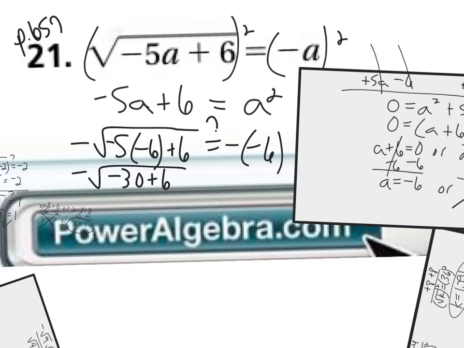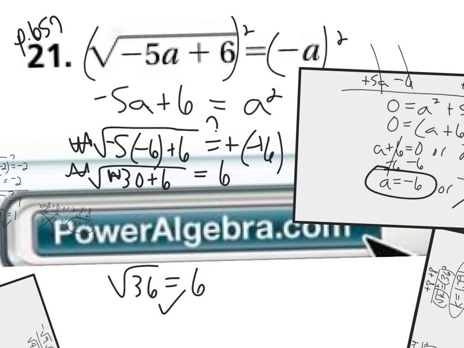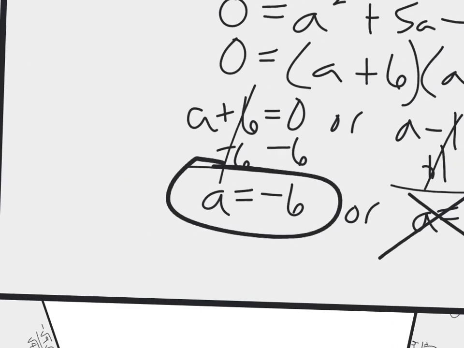Oh, as I say that I put my sign in the wrong spot. So this would say square root of 36 equals 6, so that works. So a equals -6 would be our answer to that problem.